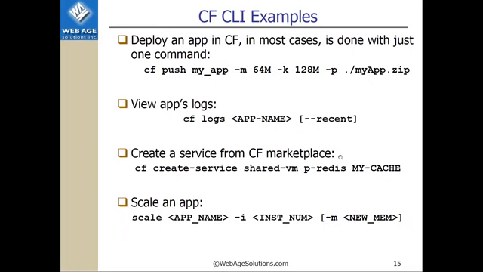Marketplace gives you a list of those services that are available, like MySQL, for example. Redis in this case, or it may be RabbitMQ for messaging. Redis, it's a Pivotal version of Redis that you can deploy.